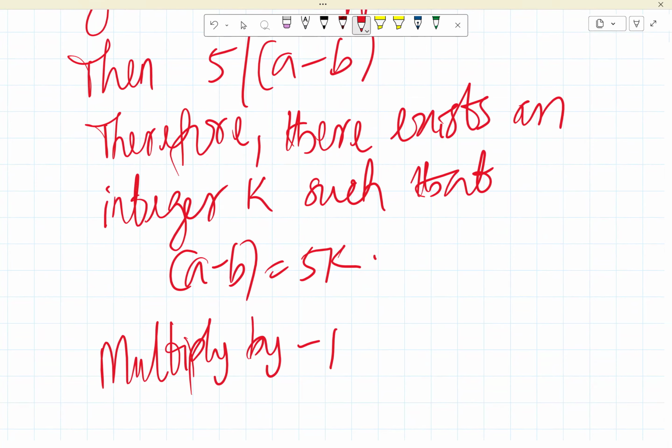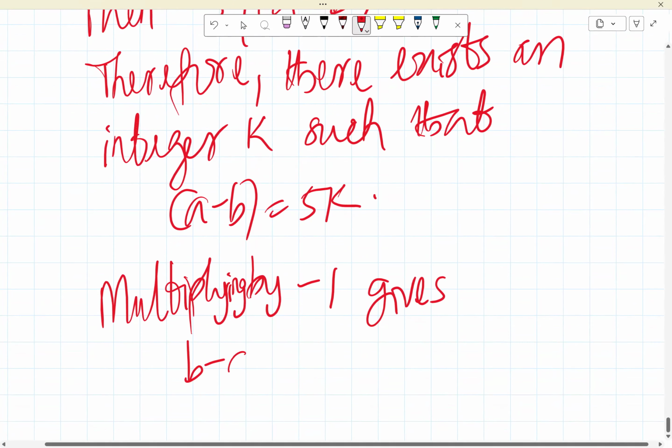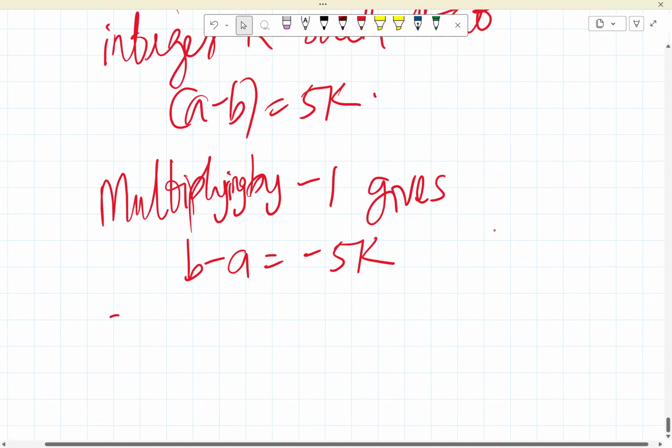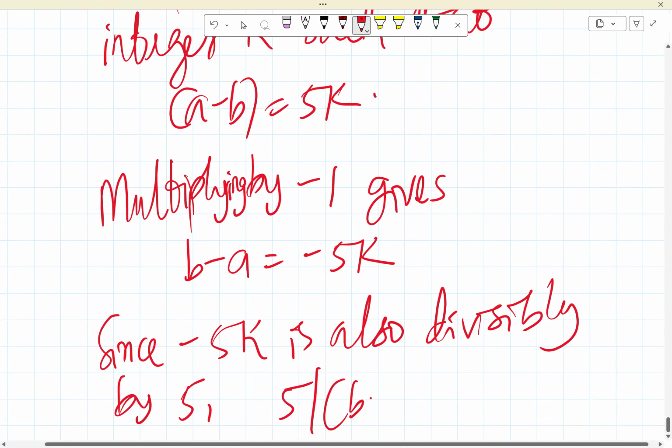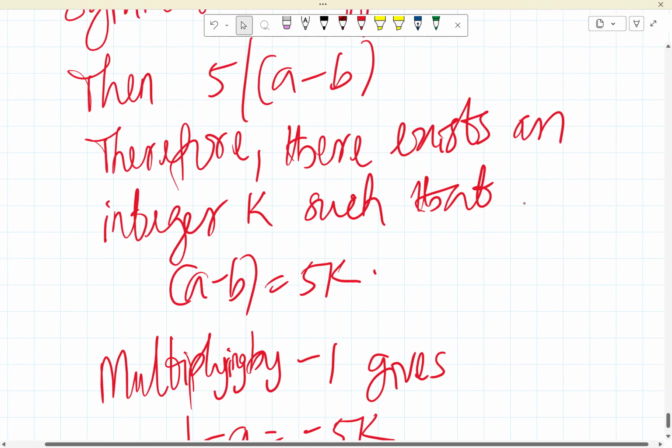Multiplying by minus 1 gives B minus A equals minus 5k. Then since minus 5k is also divisible by 5, that is 5 divides B minus A.